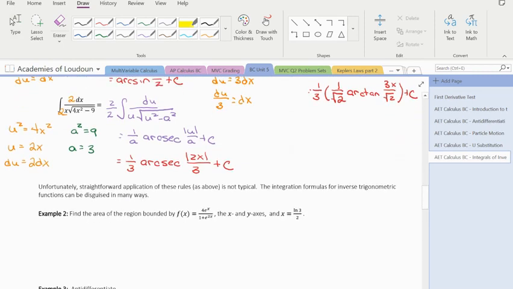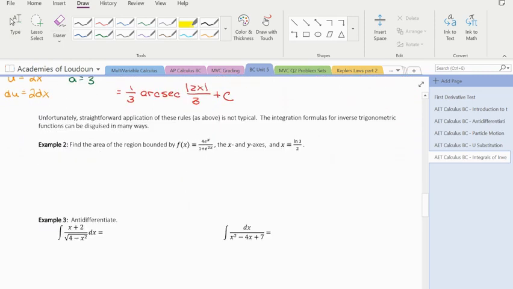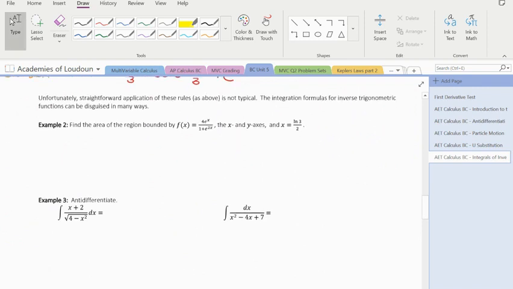Now, unfortunately, as is typical of calculus, the straightforward application of these rules is not something we usually see. The integration formulas for inverse trig functions can be disguised in many ways.